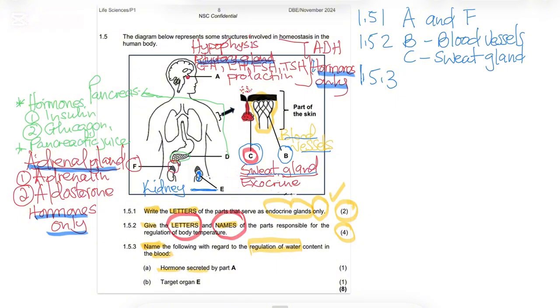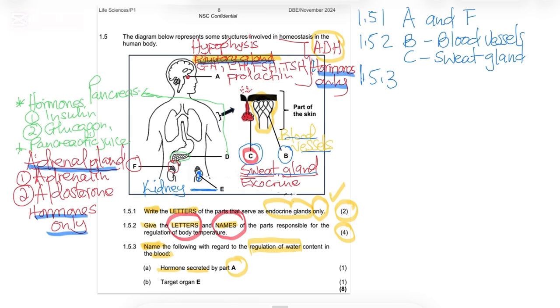So it's about the hormone that is secreted by part A. So it's about secretion, not production. And we noted earlier that this pituitary gland stores and secretes this hormone ADH.